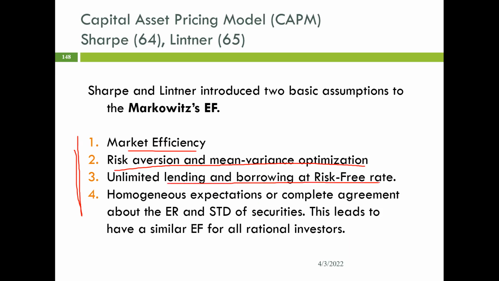Unlimited lending and borrowing are possible. In this CAPM world, it assumes that you can borrow without limit, with no restriction, at the risk-free rate. And also you can invest without limit in the risk-free assets. So these are certain assumptions: homogeneous expectation, or complete agreement about the expected return and standard deviation. These are some of the assumptions. There are certain more.